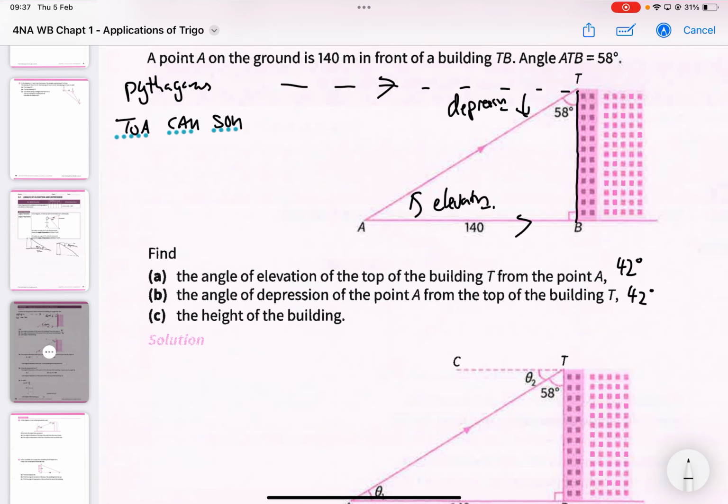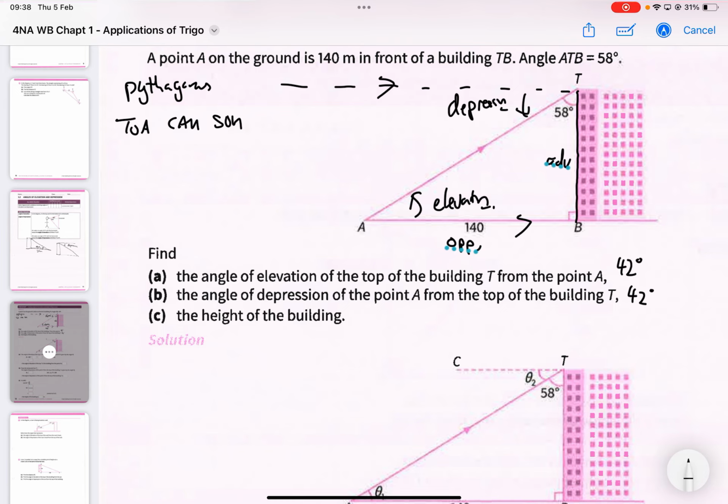Because with respect to this angle, my 140 is the opposite. My TB is touching the angle, so it is the adjacent. The longest side is always called the hypotenuse. But the opposite and the adjacent depends on which angle I'm looking at. If I'm looking at this angle, 140 is the opposite.